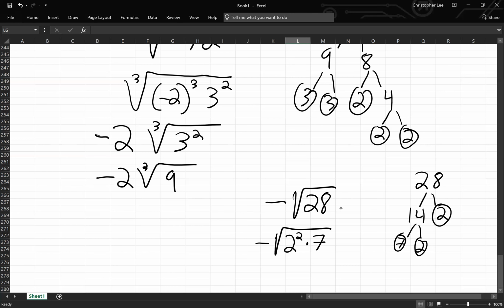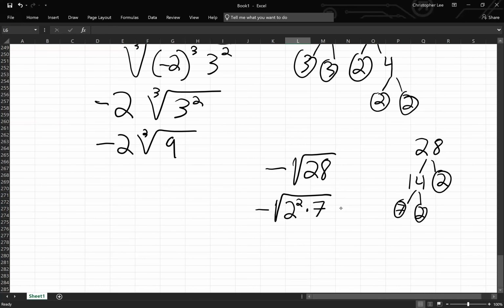And the square root of 2 to the second, you already know that's going to cancel out. So this becomes negative 2 square root 7. That's it. The easier way would be to know that 4 times 7 is 28, but if you can't, think it through like this. I don't know my timetables all the time, so I have to do this kind of stuff.